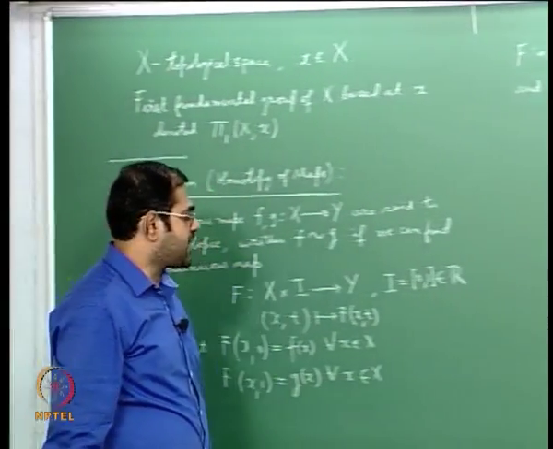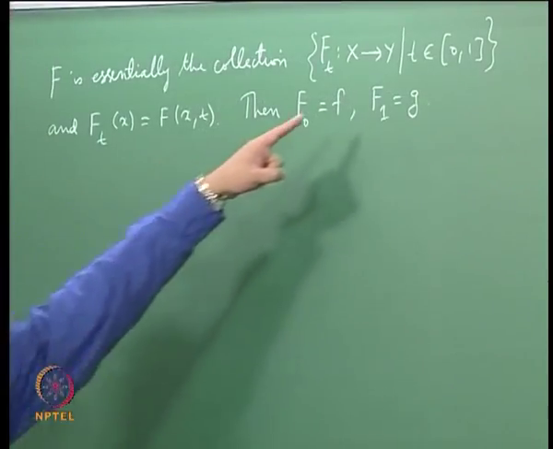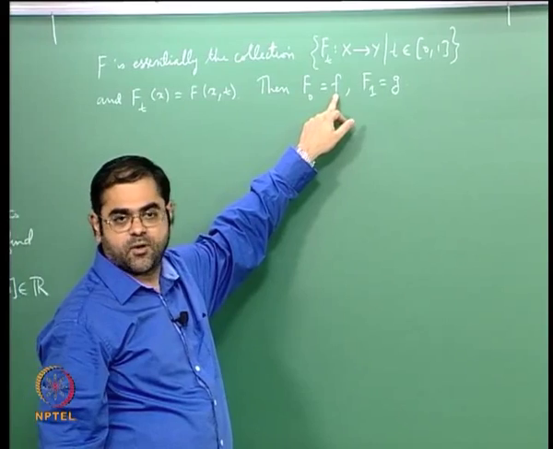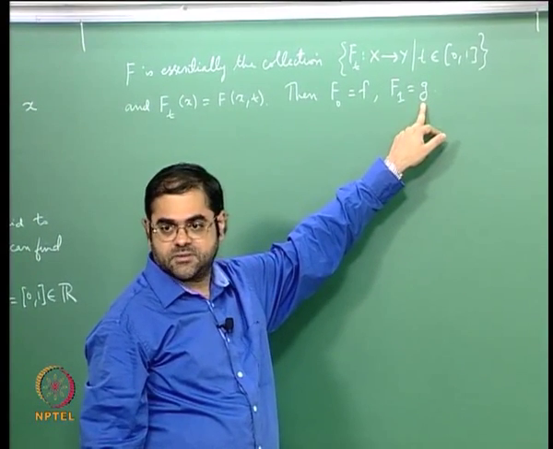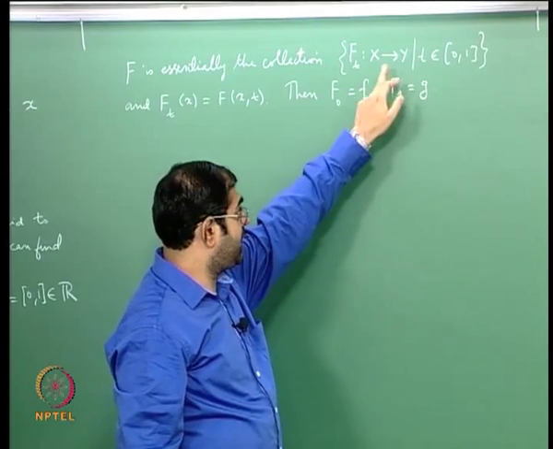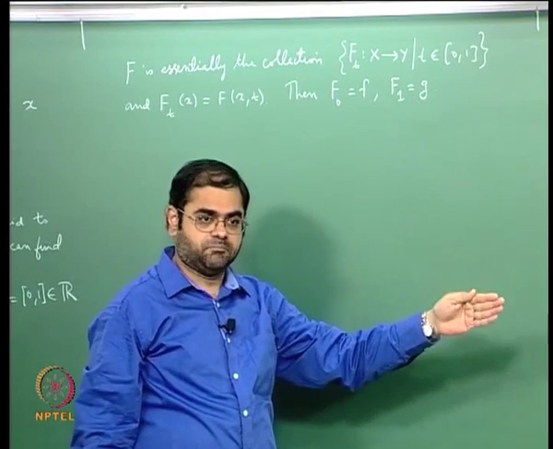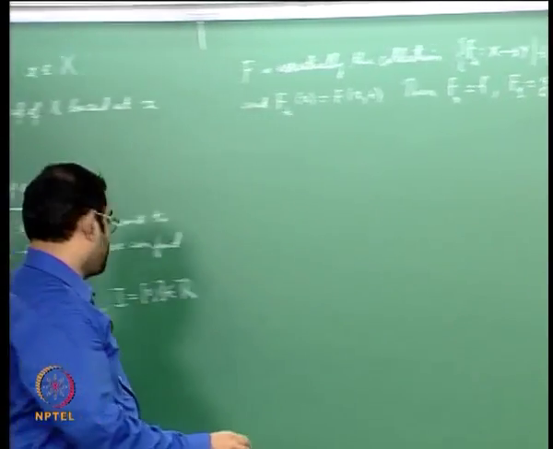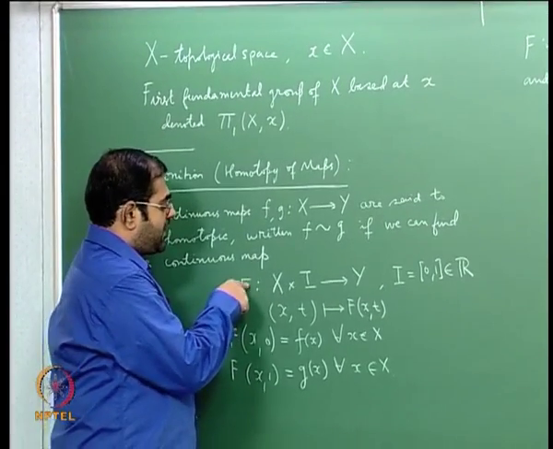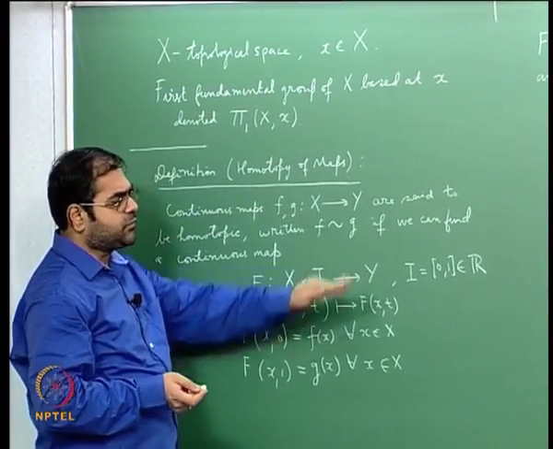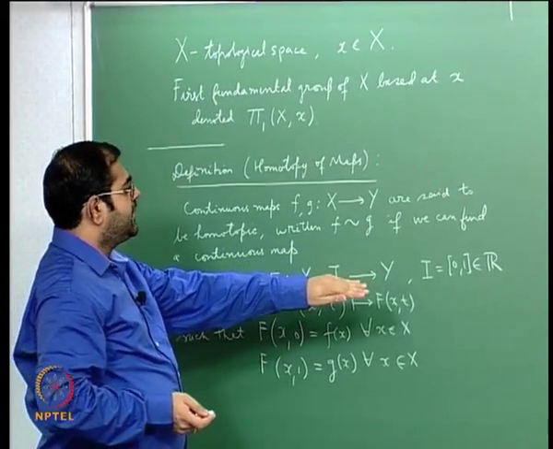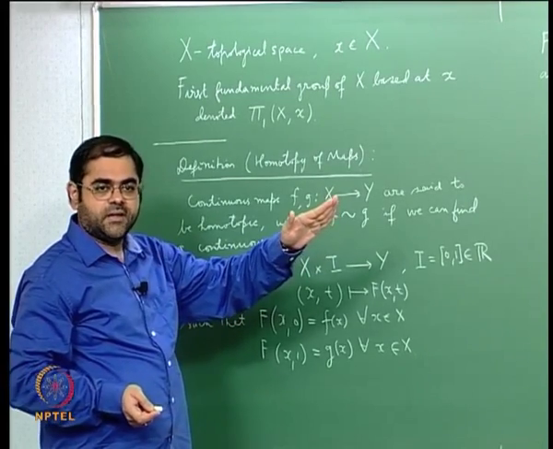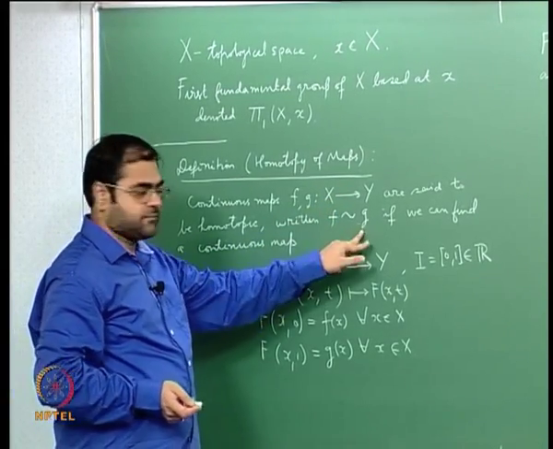Okay, so what is happening is that you have a family of maps, and the family of maps at time t equal to 0 is equal to the map small f, at time t equal to 1 it becomes the map g, and in between every other map F sub t is also a continuous map, and the way F sub t varies with respect to t is also continuous. That is the whole point of saying that capital F is continuous. Okay, so in some sense what it means is that the map f in time is being deformed into the map g as time varies.